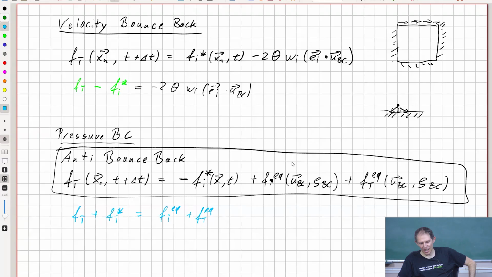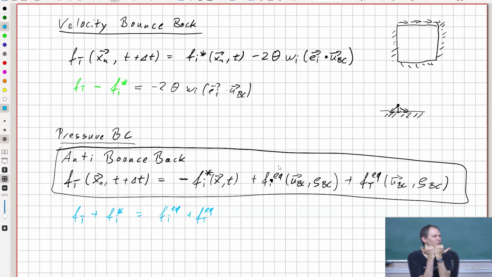However, for computing the equilibrium, it also needs to have a velocity. But this velocity it only needs at the second order, because think about it, what happens if you add the equilibrium population going in this direction and in the opposite direction?